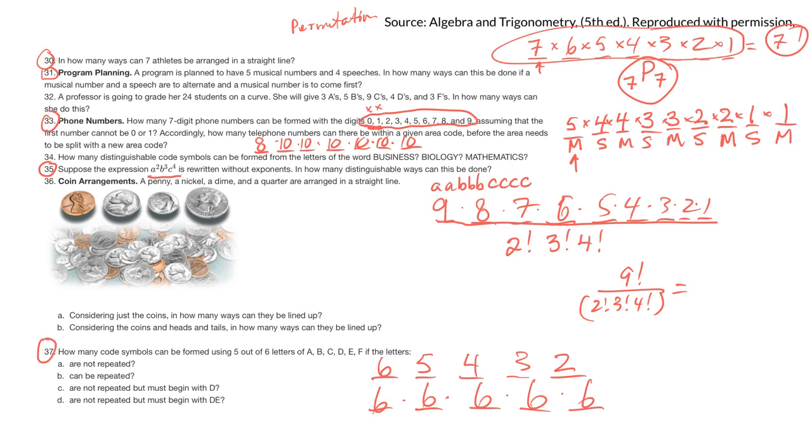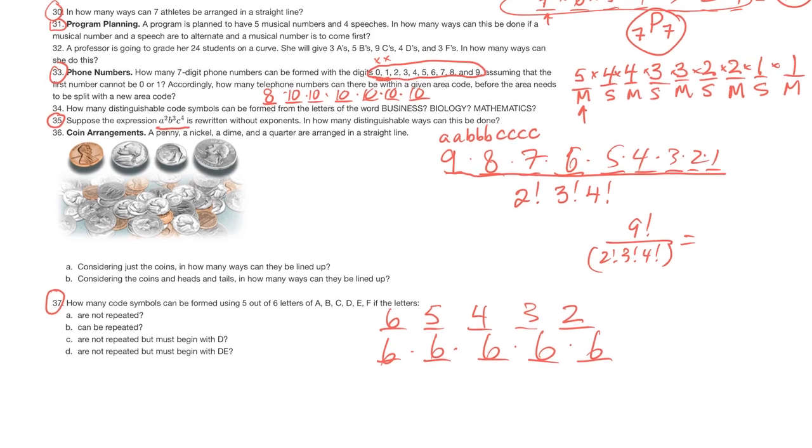Or not repeated, but must begin with a D. So 1, 2, 3, 4, 5. I have to start with a D, so I only have one choice for this one. And I can't repeat, so once I've used the D, it's not there anymore, so I only have 5 letters left. Times 4 times 3 times 2. And then if it's not repeated, and I have to start with a DE, there's only one option there, one option there.